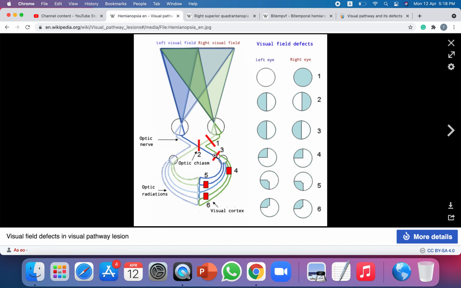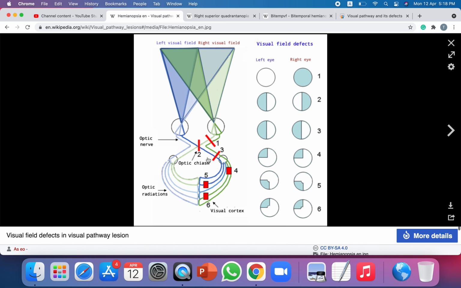So when the right optic tract, number 3, is damaged, the nasal field will be lost on the right side, but the temporal field will be lost on the left side. Why? Because the nasal field of vision is supplied by temporal fibers. So the temporal fibers are cut in the right eye, so the nasal field will be lost in the right eye.